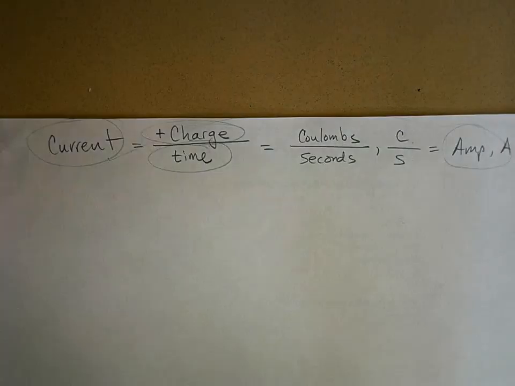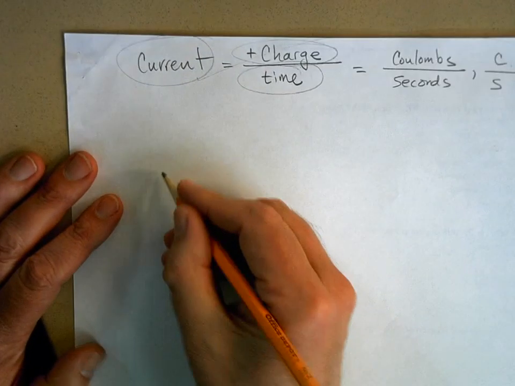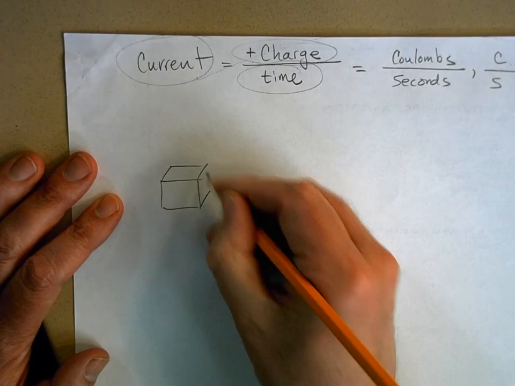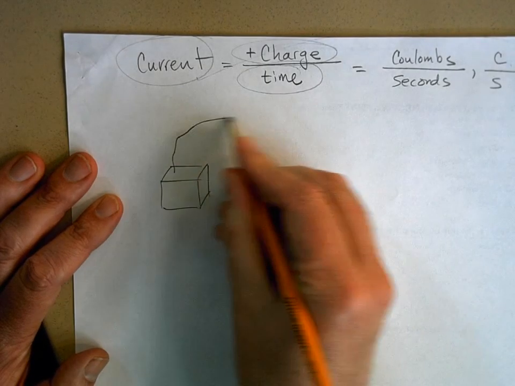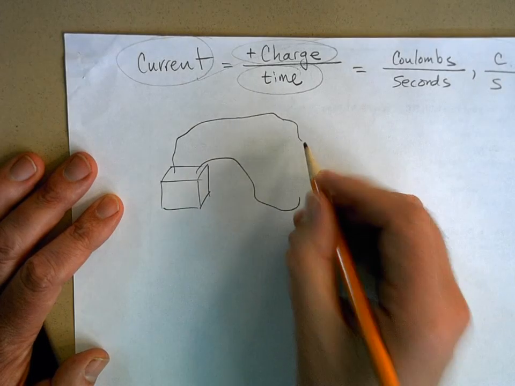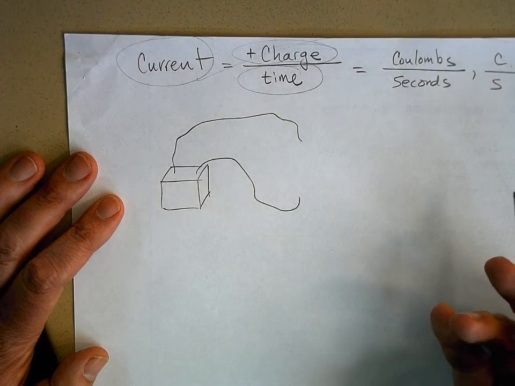So let's say I've got my battery right here. Let me redraw it. And I hook it up to something that's going to give off light, or it's going to be a motor, or it's going to take the energy out of the circuit.